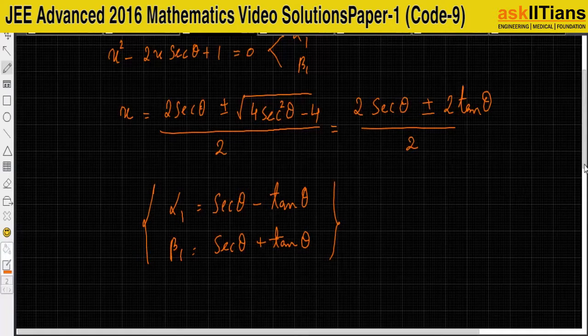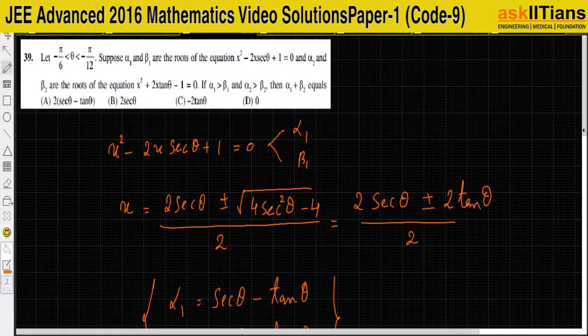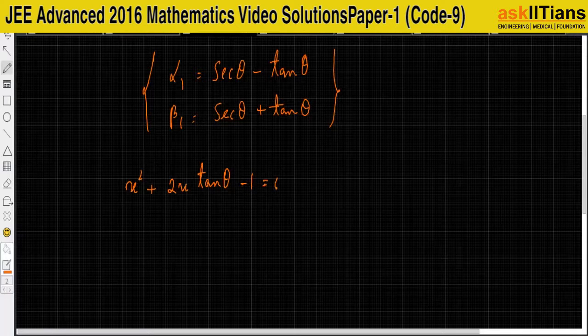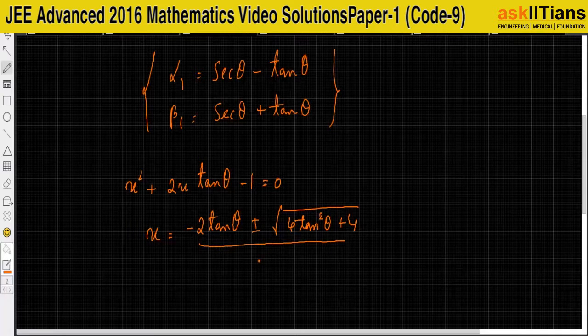Now there is another quadratic equation given in this question, that's x square plus 2x tan theta minus 1 equal to 0. If I solve this again, I get minus tan theta plus minus under root of 4 tan square theta plus 4 this time, and tan square theta plus 1 becomes sec square theta, so it will go away.